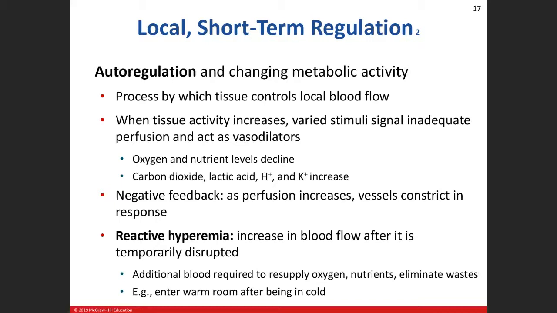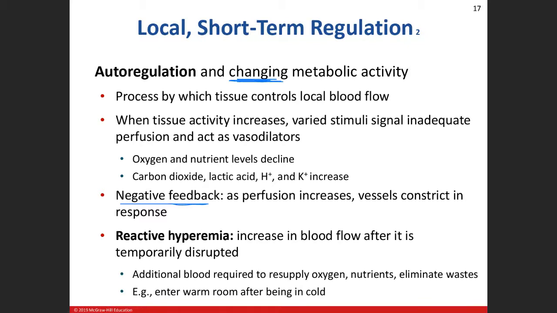Okay, so we've got this concept of autoregulation. If you look at the term auto, you're going to think of something that automatically occurs. This is when we have a fluctuating or changing metabolic activity occurring, and we're going to involve our negative feedback system when we're dealing with autoregulation.